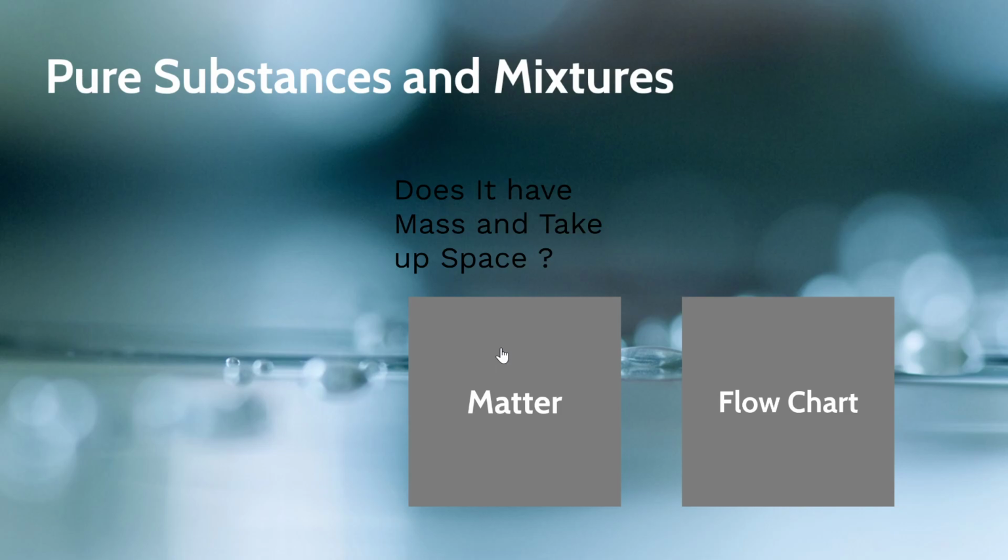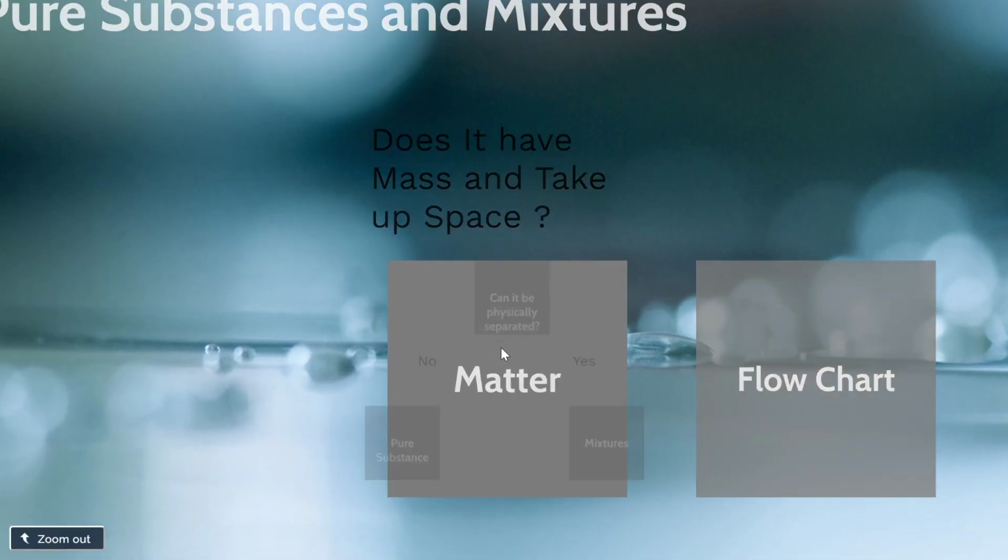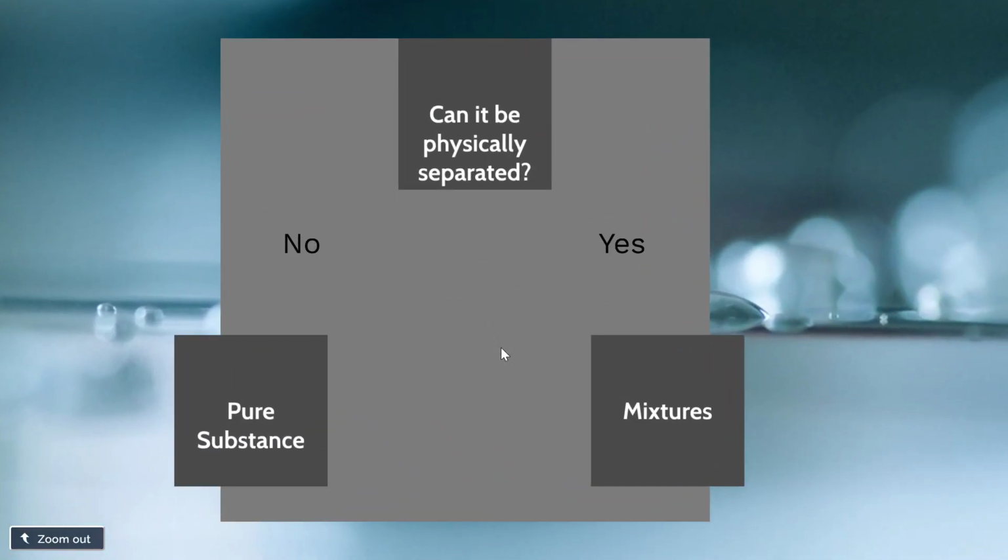So the very first thing that we're going to do with any type of object, we're going to ask, does it have mass and take up space? Because remember from earlier, if something has mass and takes up space, that makes it matter. So if it has mass and takes up space, then we're going to say that it's matter, and we'll go into this category right here.